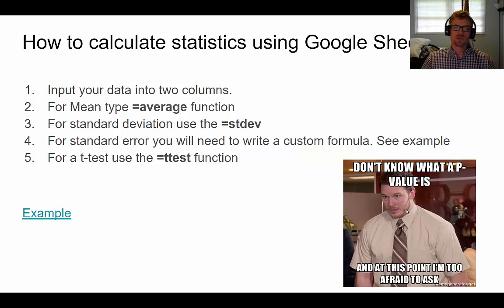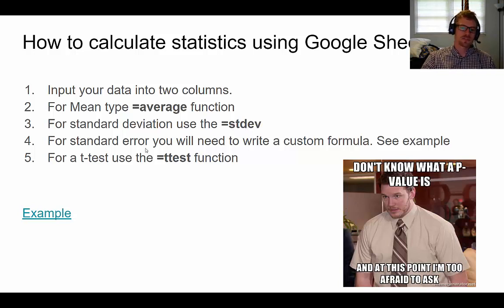But regardless, when you're doing this, you're going to basically put your data into columns, and then you're going to be using the equals sign to then write each of the functions. I'm going to show you what that looks like in just a moment. For the mean, you use the average function. For standard deviation, you use the equals stdev, or standard deviation formula.